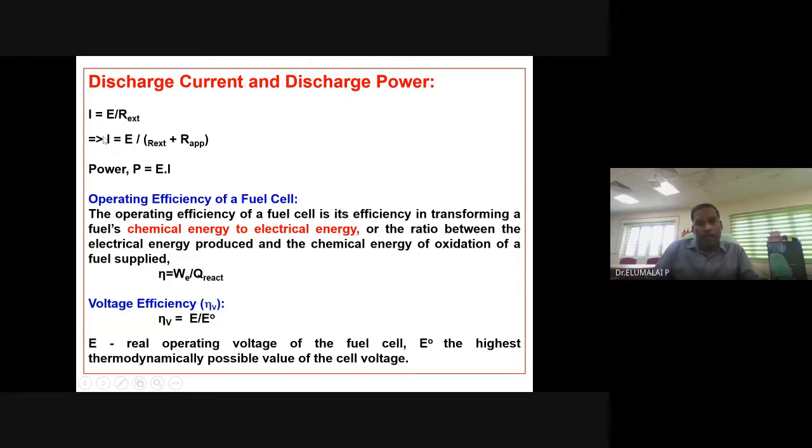Current depends on two parameters: the actual resistance of the cell as well as the internal resistance connected to the fuel cell. Based on these two, you get the discharge current. You already know the voltage of your fuel cell, and now you know the current. The combination of these two, voltage and current, gives you power.